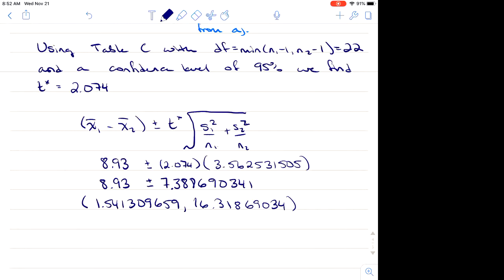So now that we have this interval, we have to interpret it and then talk about what it means in terms of our null hypothesis, right? So first we'll do our interpretation blurb, which is always the same.